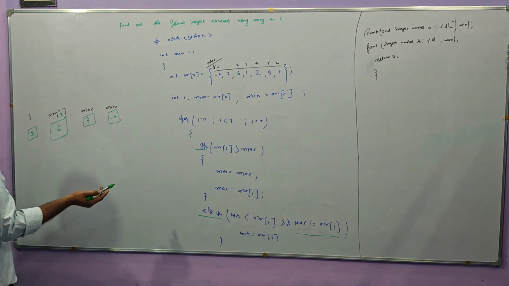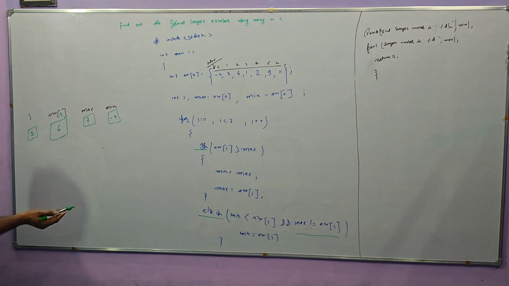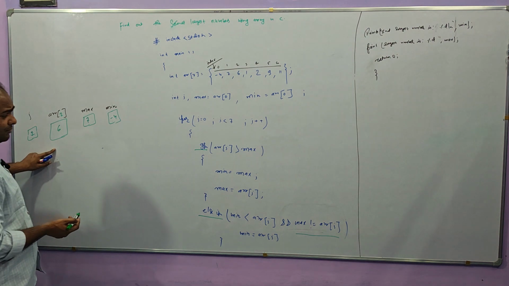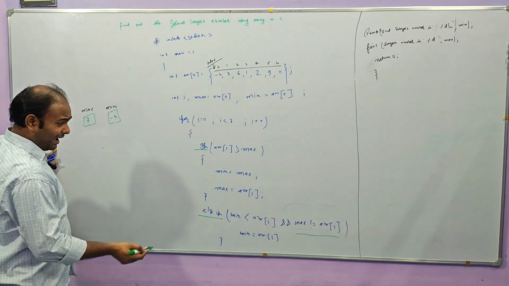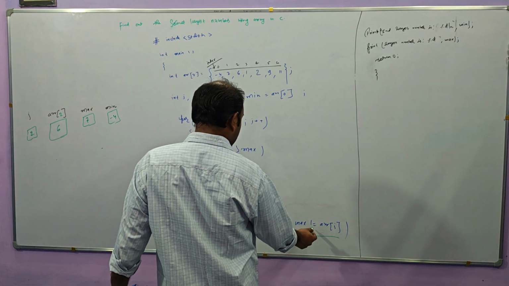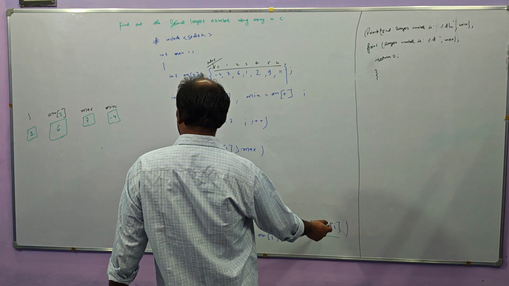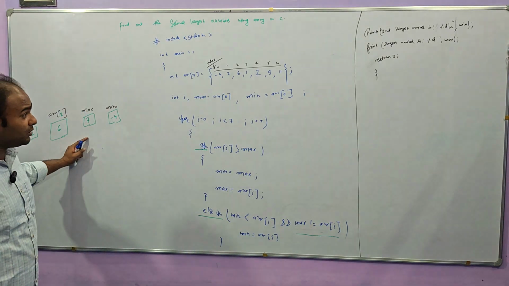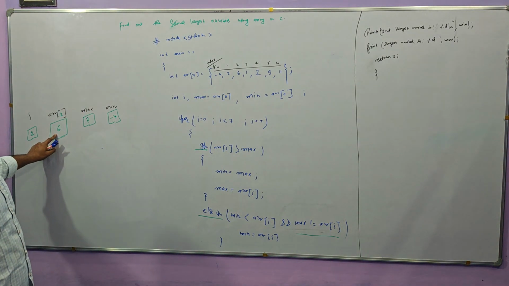Min -4 is less than 6, yes, and max 7 is not equal to ar[i], that is 6.